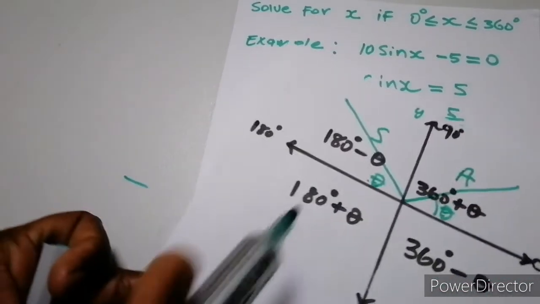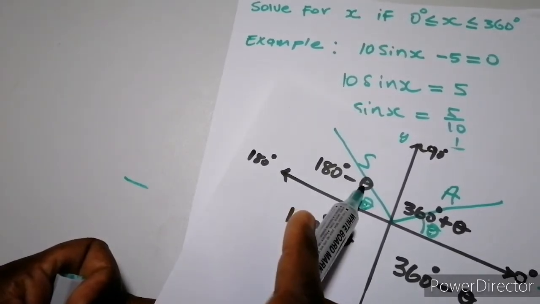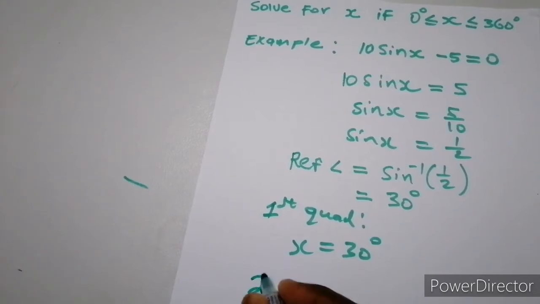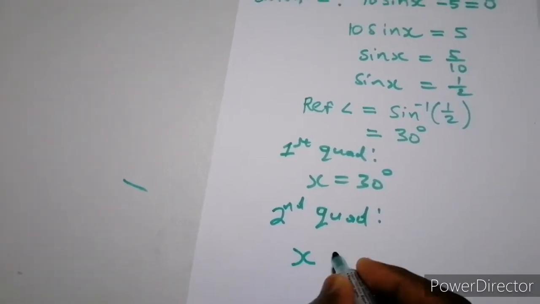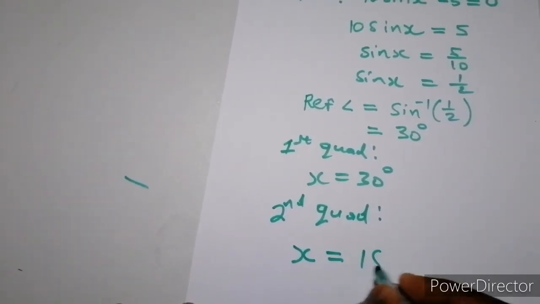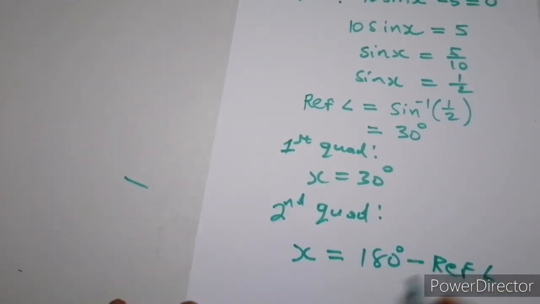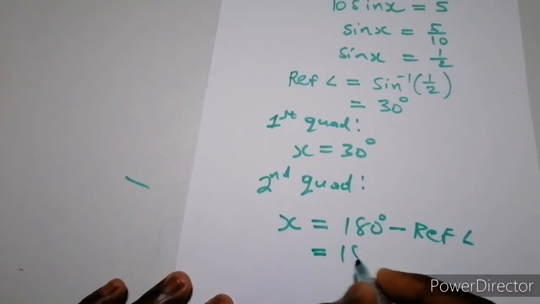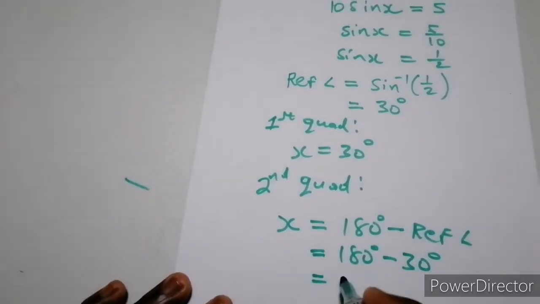In the second quadrant, x is equal to 180 minus the reference angle. What is the reference angle? The reference angle is 30 degrees.